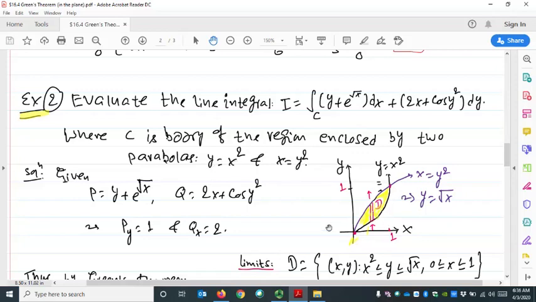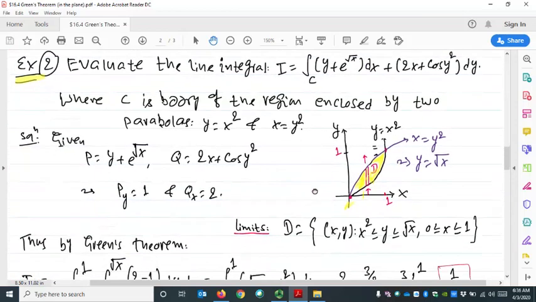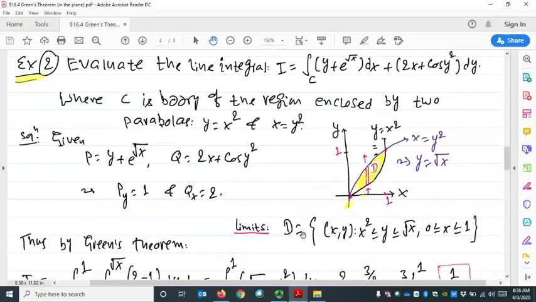So y equals x square is this parabola, x equals y square is this parabola. Solve these two equations. They intersect at (1, 1), and let's talk about the limits here. Then we can describe the domain as vertically simple. So the lower value of y is given by this lower curve, which is y equals x square.